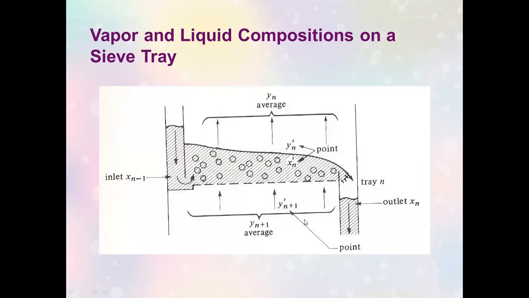This is your y sub n plus 1 average. So it enters a particular tray n. This one leaves a particular tray n. So all of this is average when we speak of Murphree efficiency. But when we speak of Murphree point efficiency, or simply point efficiency, we're dealing with a particular point on a particular tray. So then it must be the most accurate way of expressing efficiency of your column.